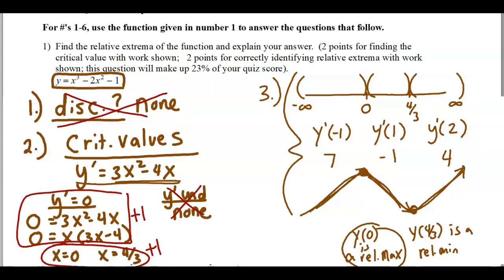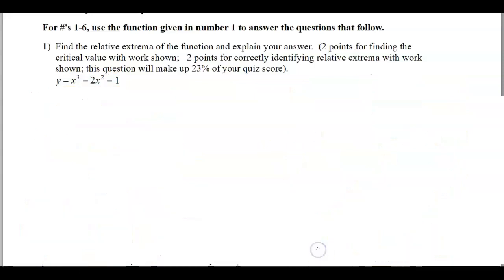For number 3, if you show your work correctly, you get 1, and if the correct answer comes out of that, you get another point, for a total of 4 points, which is 23% of this quiz. It's an estimated percentage because it's going to be out of approximately 17 points, but there you have it. All right, let's move on to the next question.